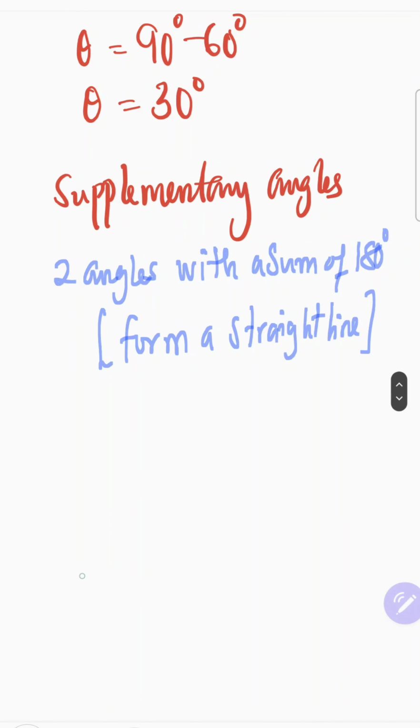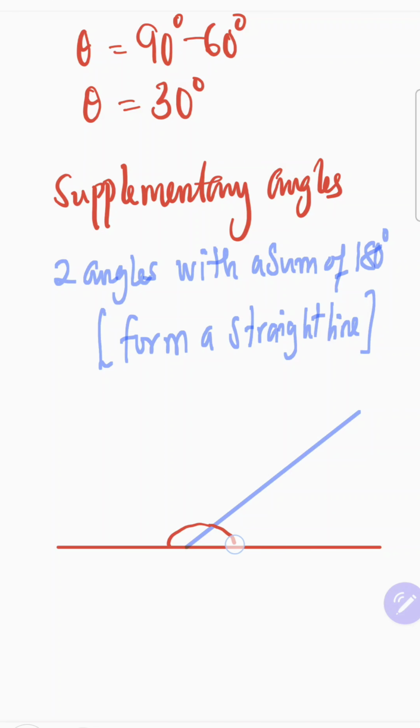So for supplementary angles, we have something like this. We have a straight line. Okay. And here you can have a transversal line bisecting, dividing it into two.